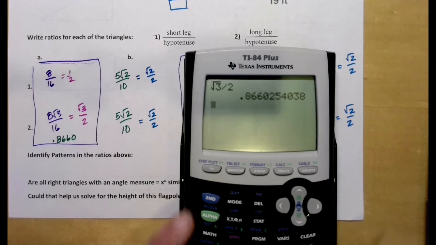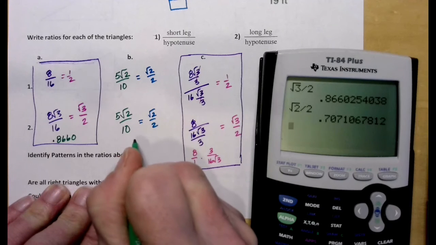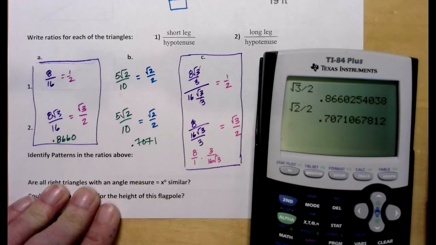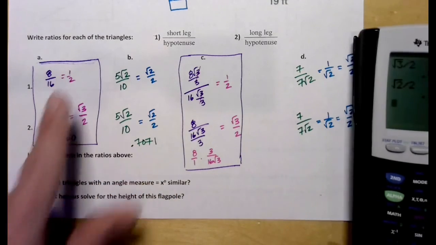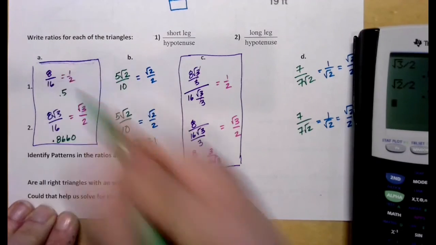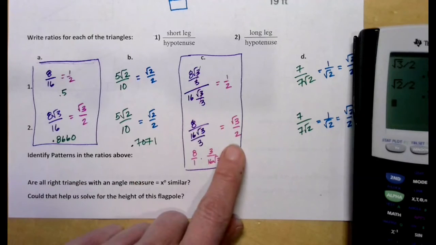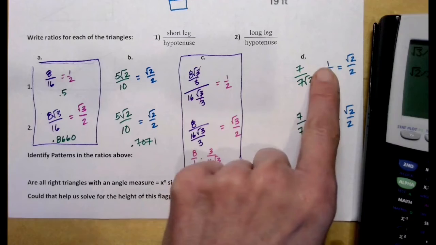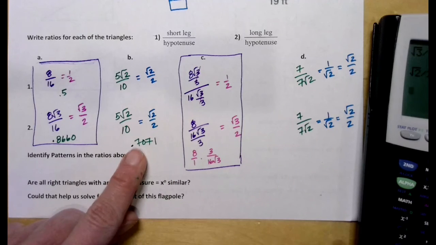And we can do this for each of these fractions. Square root of 2 divided by 2. 1/2 we know is 0.5. √3/2 we know is 0.866, and we have 0.7071.